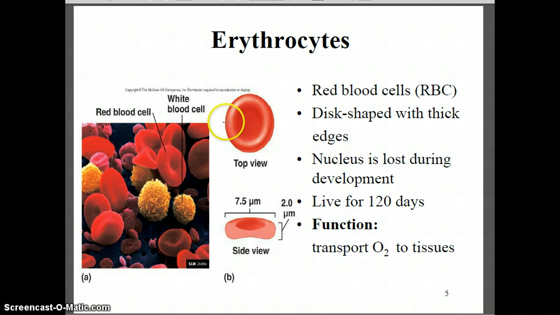If you notice, we call this a biconcave disc, which means that it is concave both at the top and the bottom. Think about this in terms of surface area. This increases the surface area of this red blood cell to allow for the heme portion of the hemoglobin, the iron portion, to attach to and release oxygen.